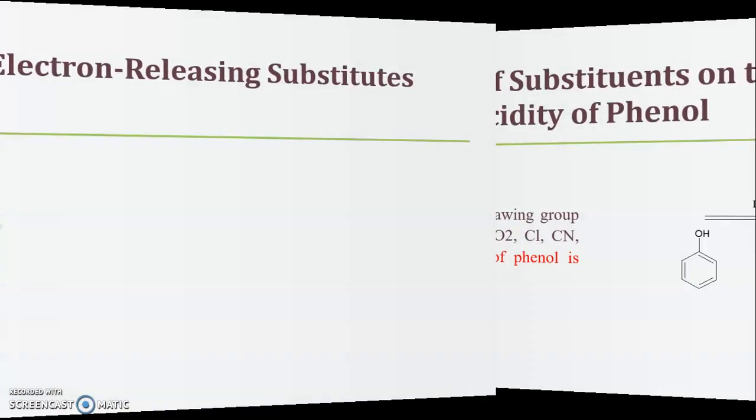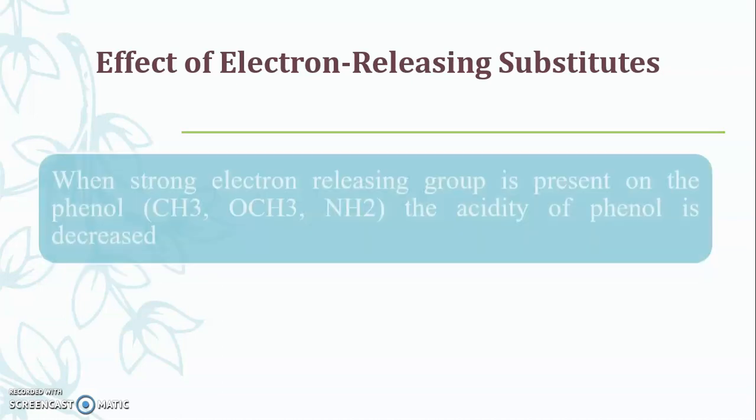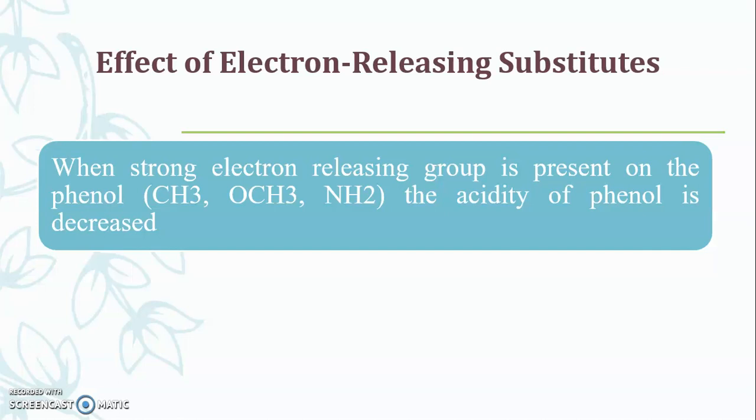Also we have discussed the effect of electron releasing substituents. We know that if electron withdrawing substituents are there, acidity increases. In the opposite way, if electron releasing substituents are there, the acidity decreases.